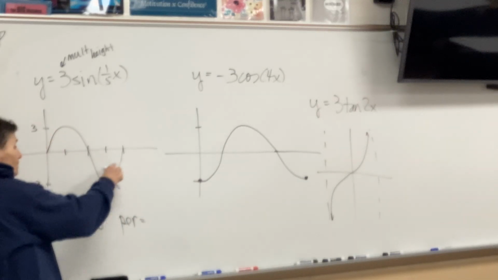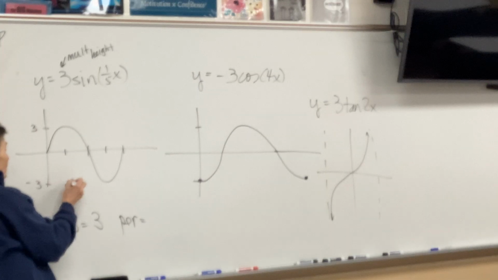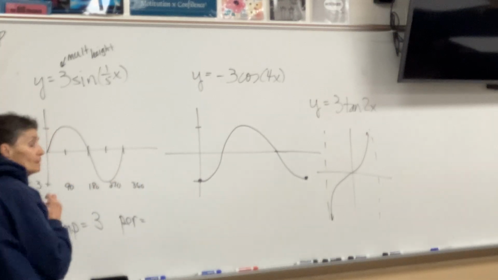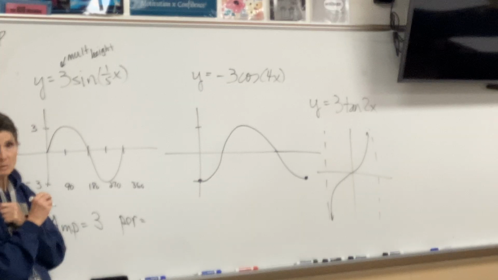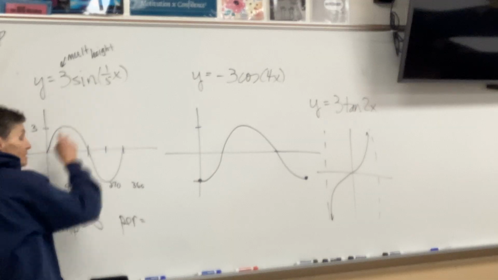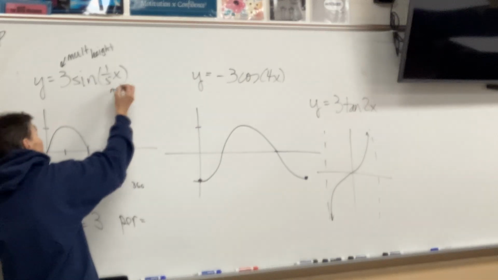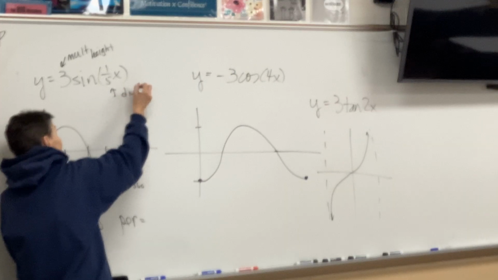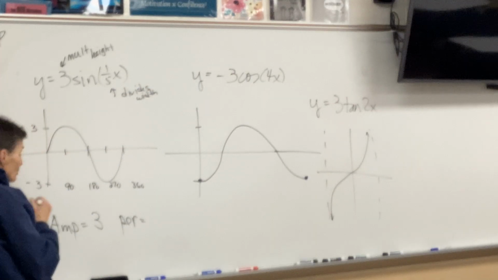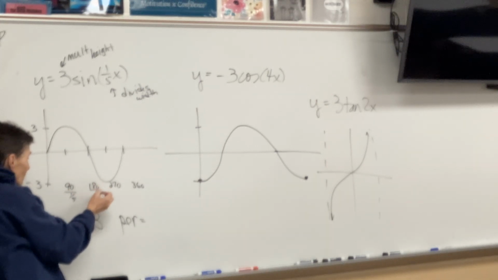Now, these labels, under normal circumstances, are 90, 180, 270, and 360. Those are the normal labels. But because of this, we've changed them. And what does that number do? That number divides the width, or the period. So we're going to take each of these and we're going to divide by 1/5.